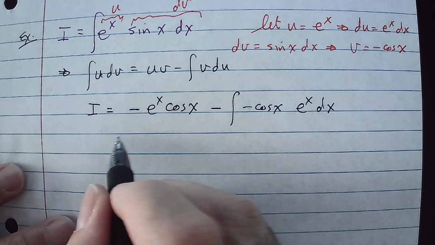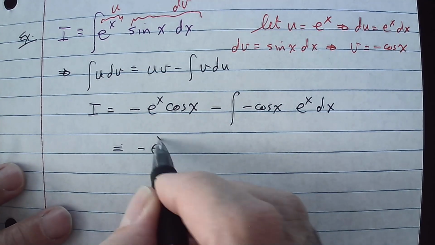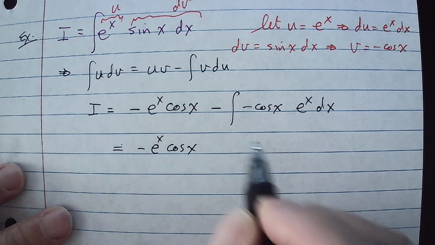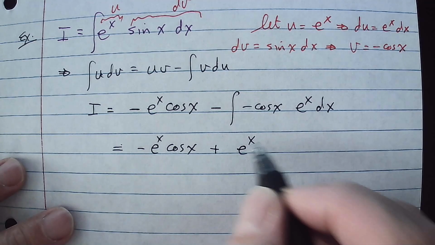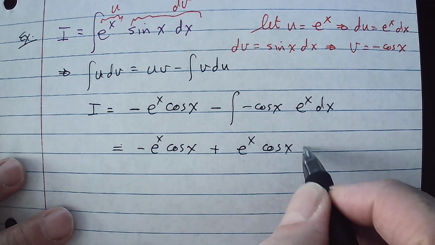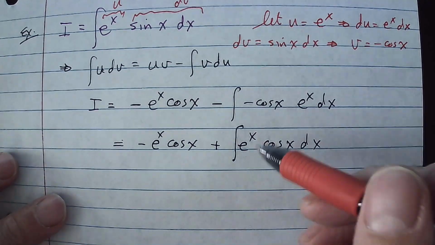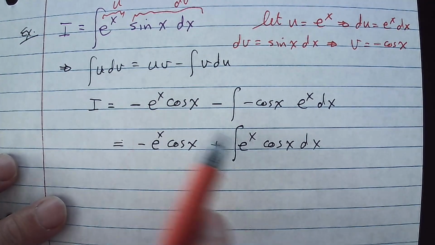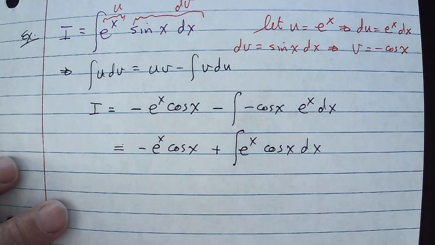This can be cleaned up as negative e to the x cosine x plus the integral e to the x cosine x dx. Notice that this is exactly like the original integral. Meanwhile, the cosine is replacing the sine.